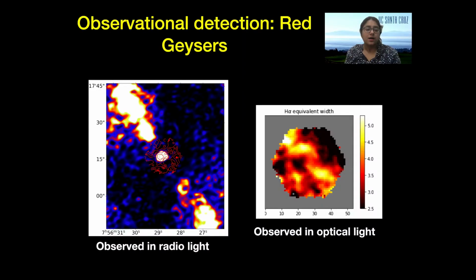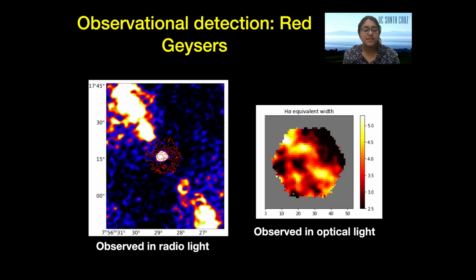It's really difficult to actually observe these black hole-driven winds in action and disentangle them from other observational signatures of a galaxy. Our group has actually found, from real observational data, a group of passive galaxies that show signatures of black hole-driven winds.